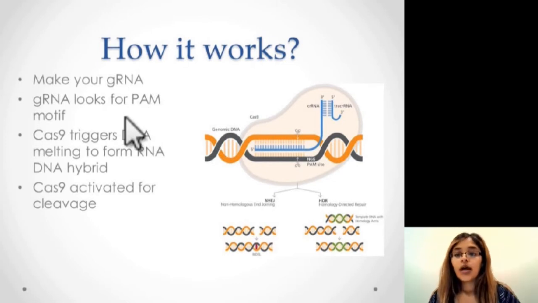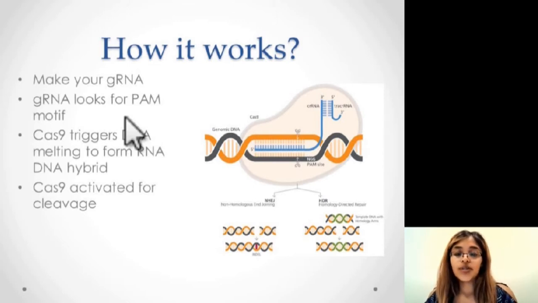So after the Cas9 finds this PAM site, it checks to see if its RNA matches the DNA found in the cell, and once it does that, it creates an RNA and DNA hybrid.